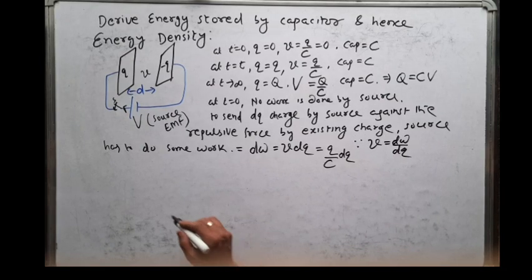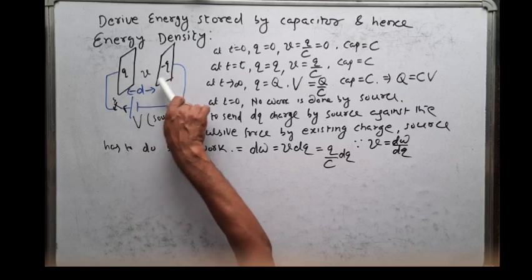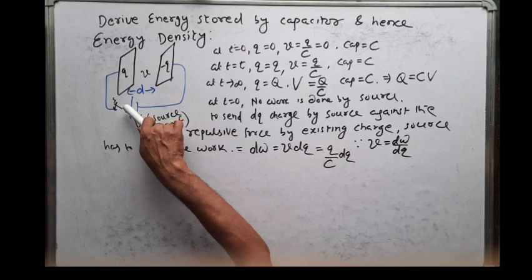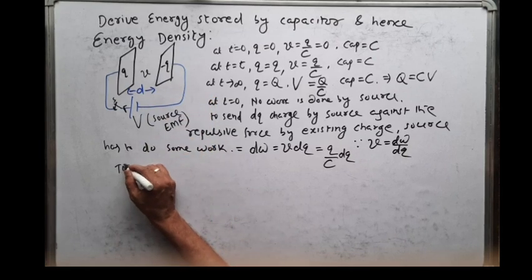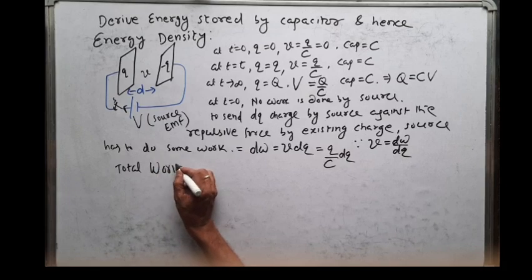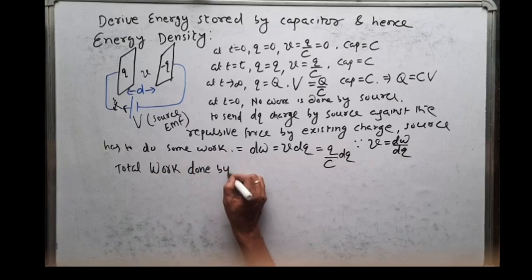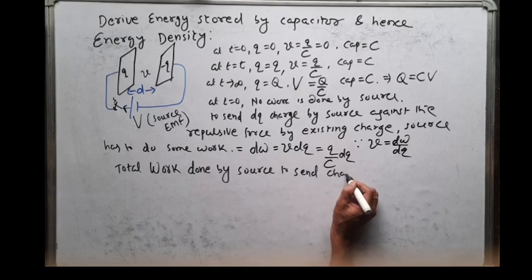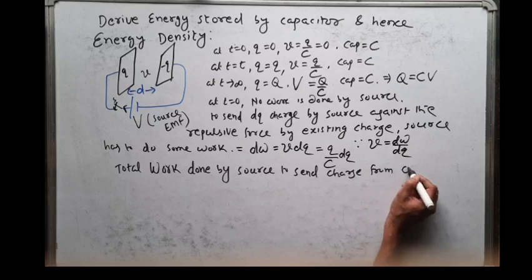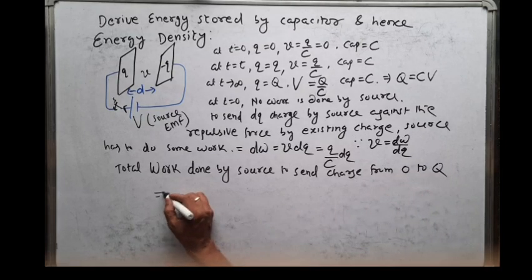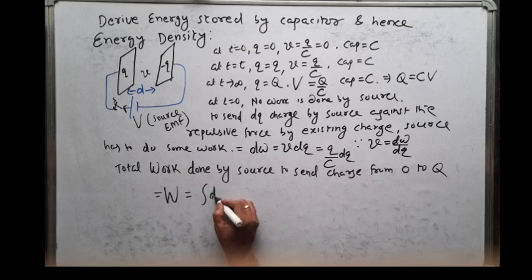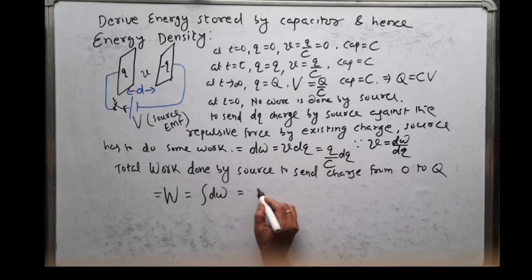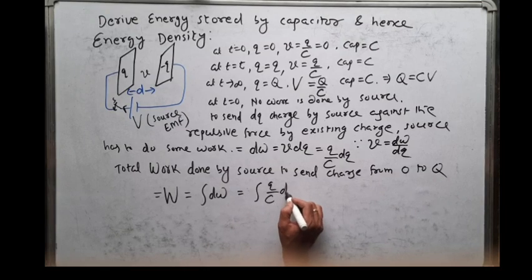Now we have to find the total work done by the source to send the charge from 0 to the maximum value. So the total work done by the source is W equal to the integration of dW, where dW is q by C dq.